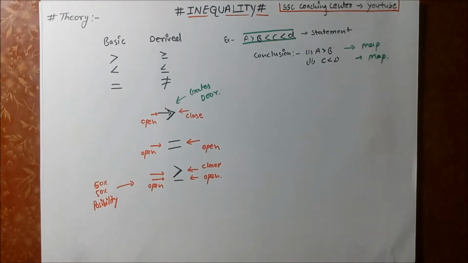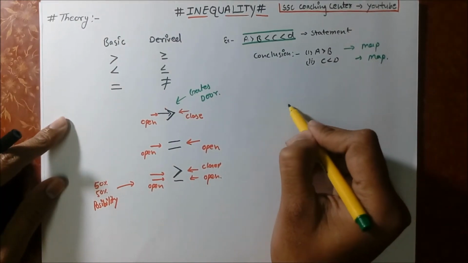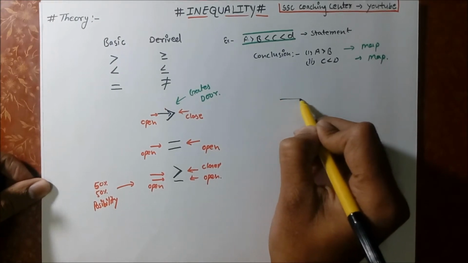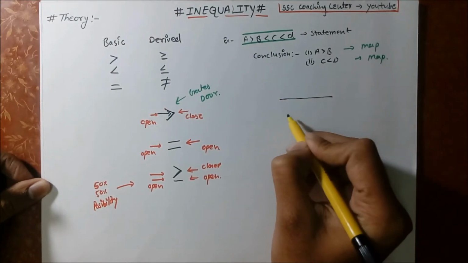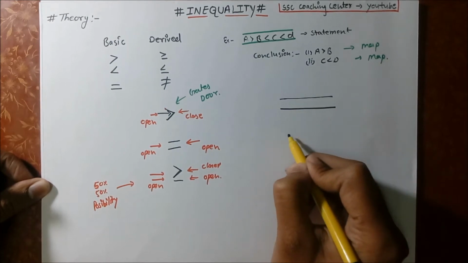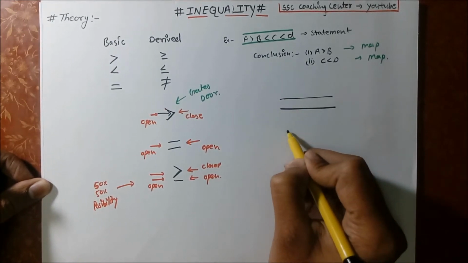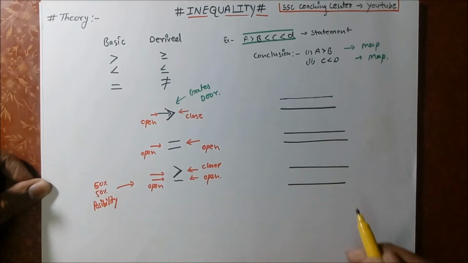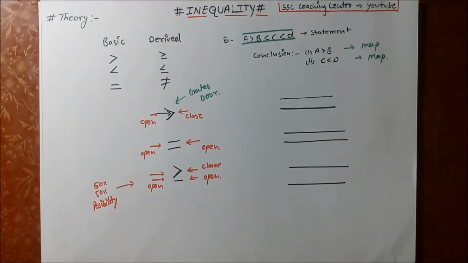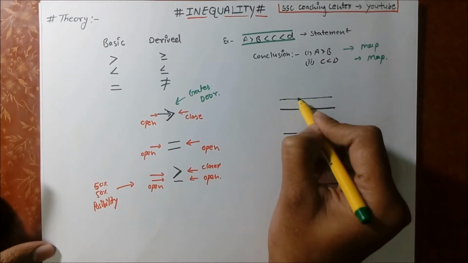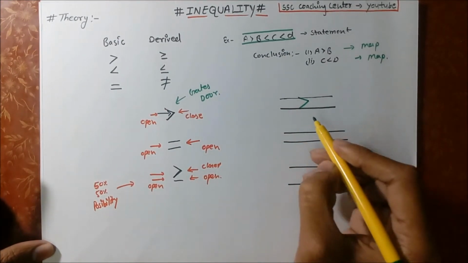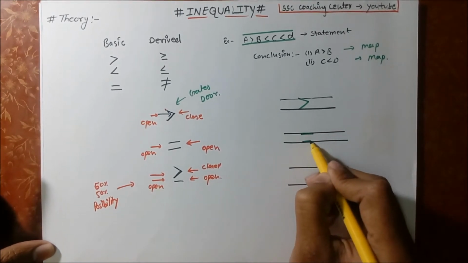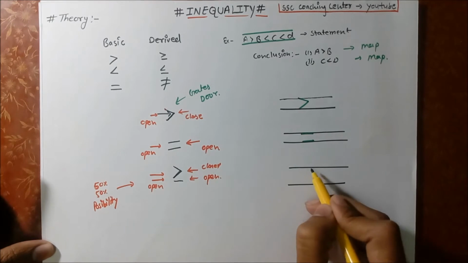How will we check? First take an example, like I am having the first tunnel like this, and I am having a second tunnel, and I am having a third tunnel. In this I have a sign of less than or equal to. In this I am having an equal to sign.